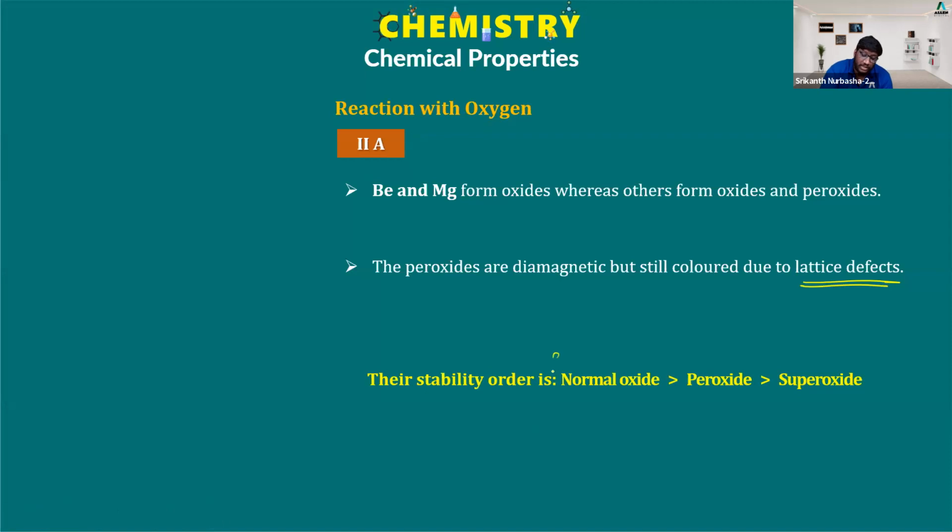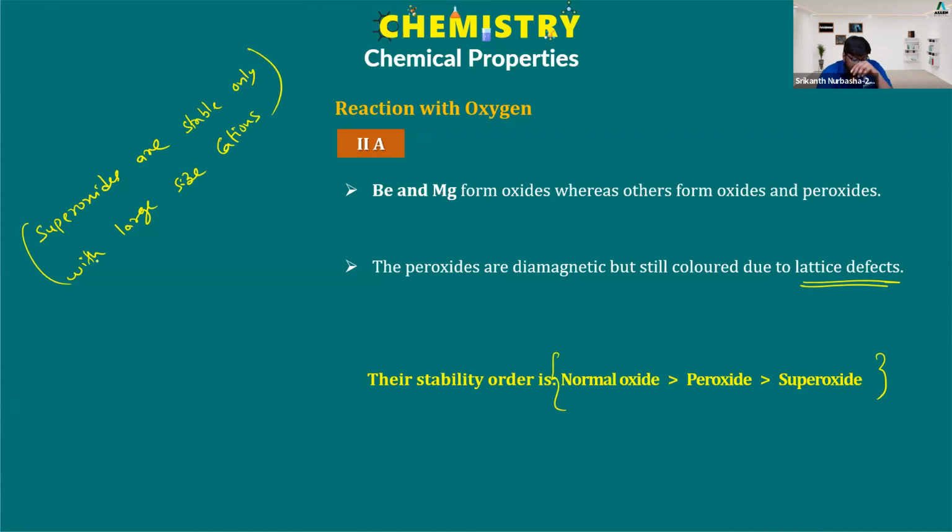This is the stability order. Normal oxide is more stable when compared to peroxide. Peroxide is more stable when compared to superoxide. Superoxides are stabilized only with large size cations. Only K+, Rb+, Cs+ form superoxides.